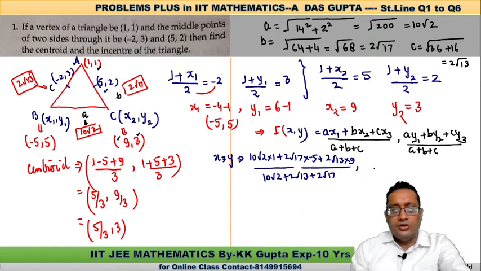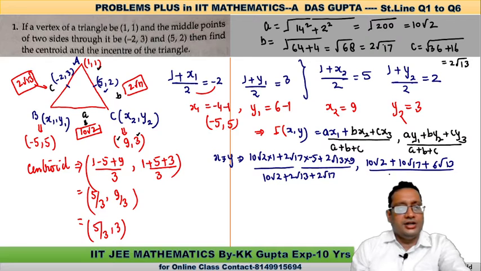And the y coordinate, I will multiply it directly: 10 root 2 plus 10 root 17 plus 2 root 13 into 3, this is 6 root 13, divided by 2 root 13 plus 2 root 17 plus 10 root 2.